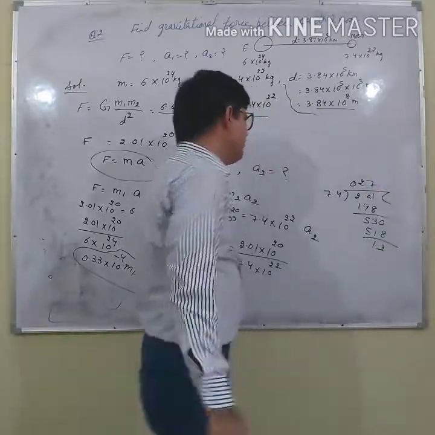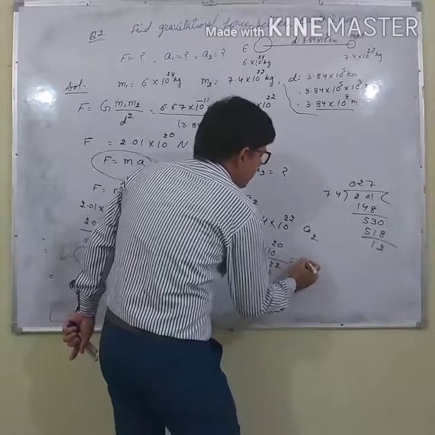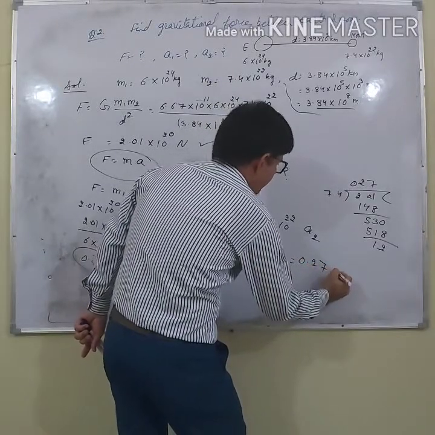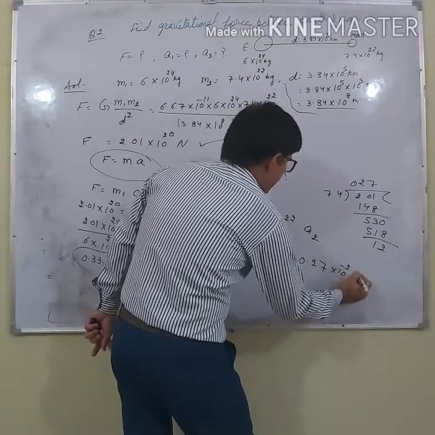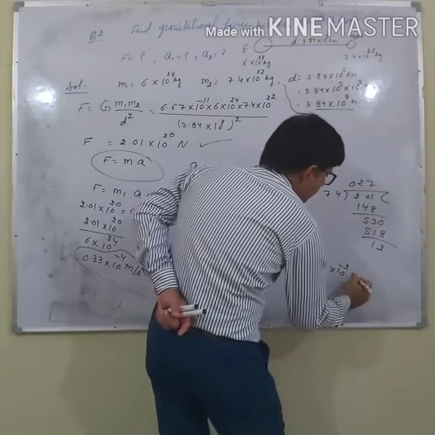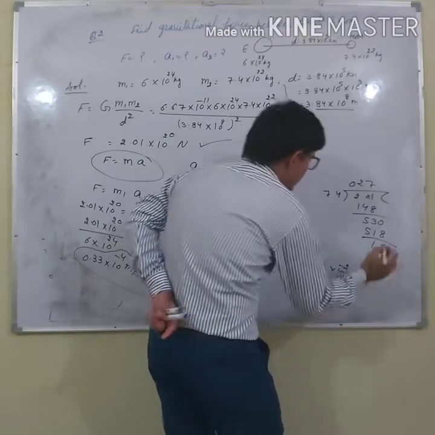Up to 2 decimals is sufficient. So this is 0.27 × 10^-2 meter per second squared.